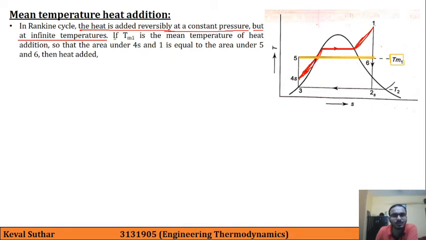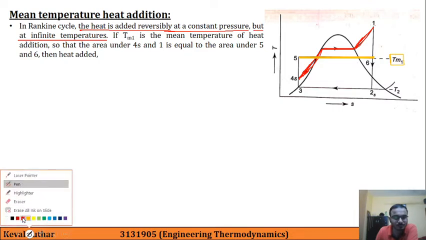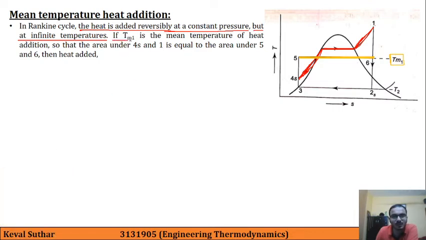If Tm1 is the mean temperature of heat addition, so that the area under 4s and 1, that is for this red curve, is equal to the area under 5 to 6.